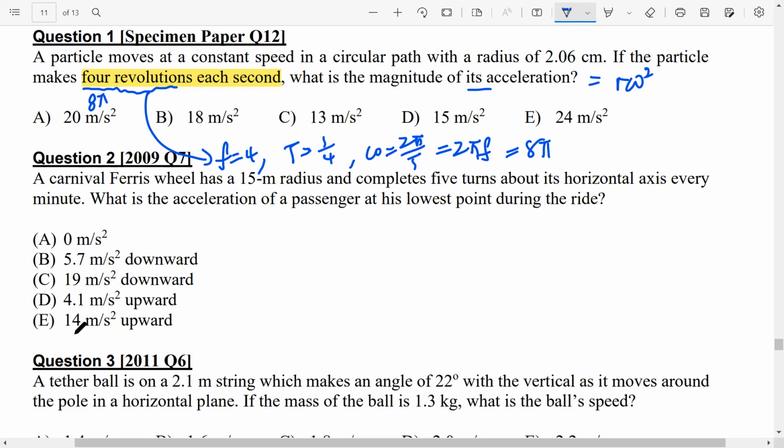Times 8 pi squared. You will get 13. Answer C. Okay, understand this already. Now you can try question 2.